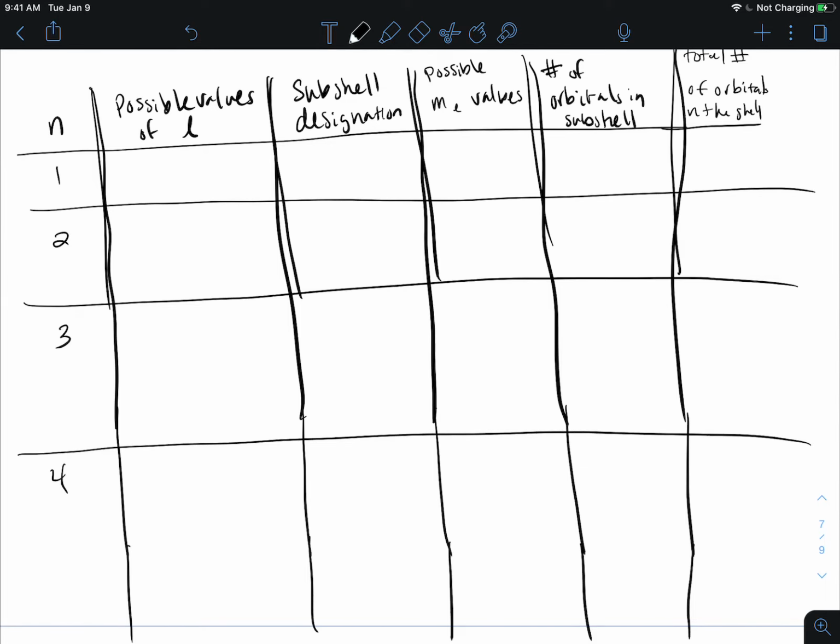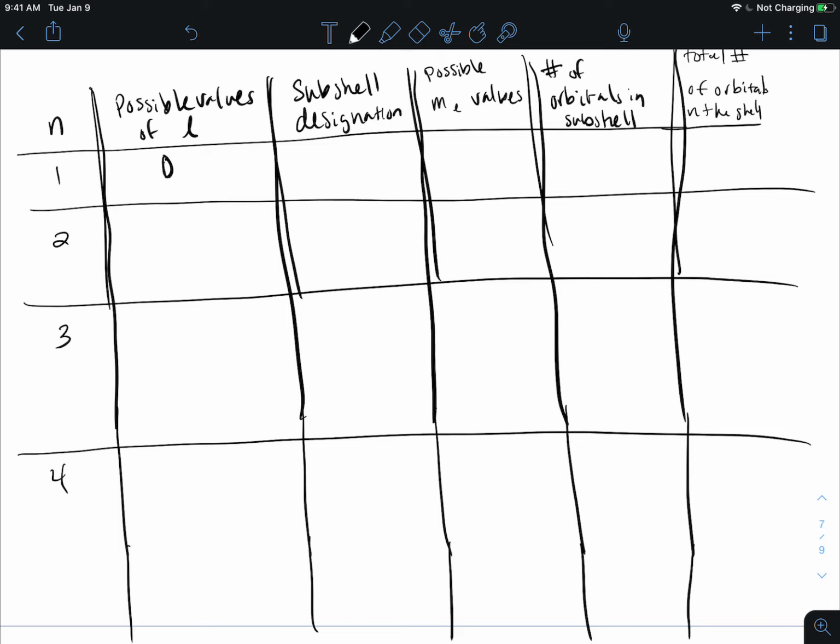So thinking about our L values, L can be anywhere between 0 and n minus 1. So if n equals 1, and n minus 1 is 0, our only possible option for L is 0. If we have an L that is 0, we're talking about an s subshell.